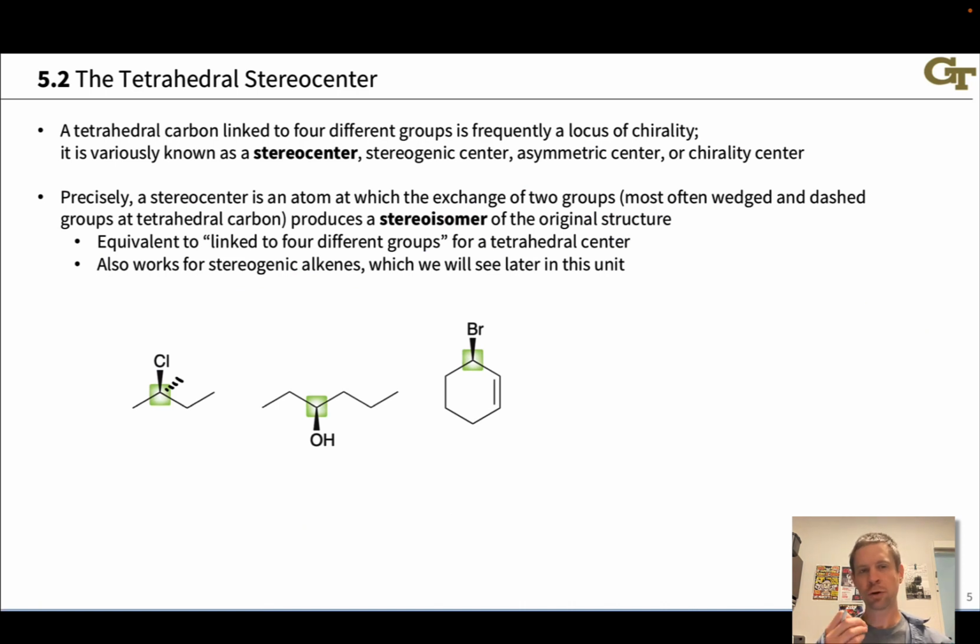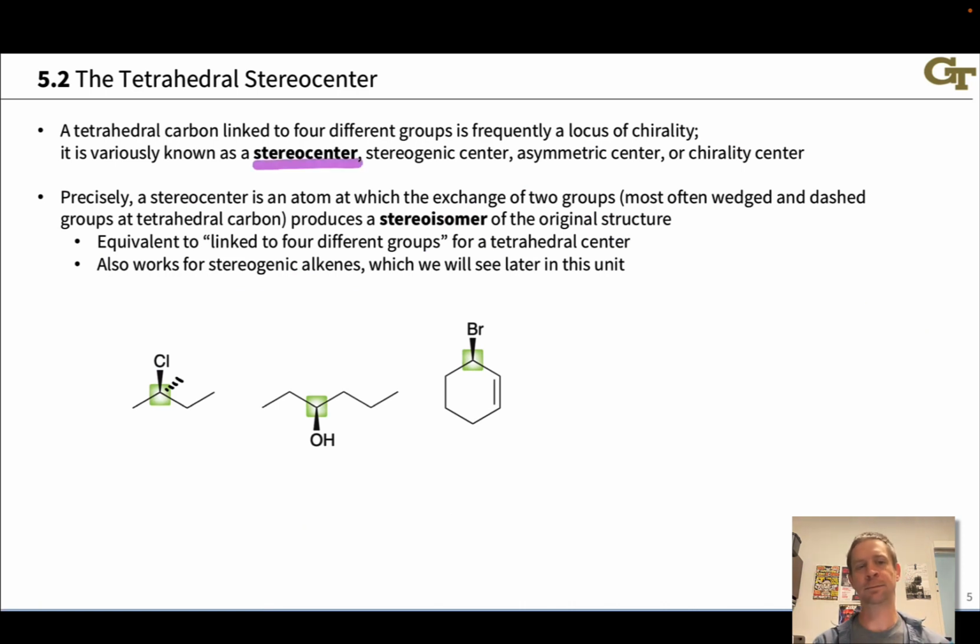And a structural tool, a concept that's very useful for exploring chirality and stereoisomerism, is known as the stereocenter. It's also called a stereogenic center, asymmetric center, or chirality center. And you'll hear me refer to tetrahedral stereocenters specifically as these carbons with 4 different groups attached to them.